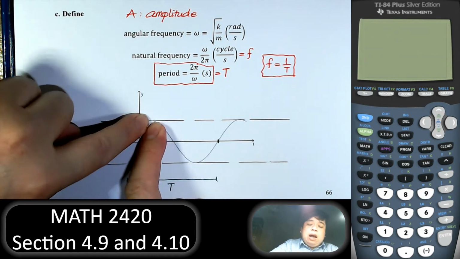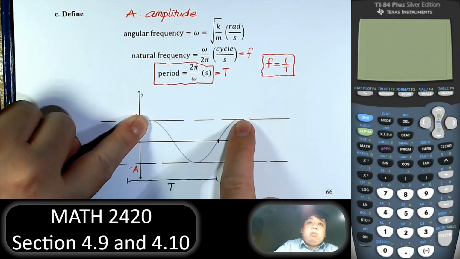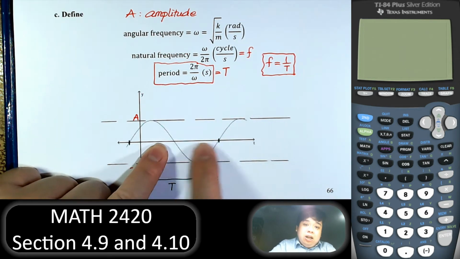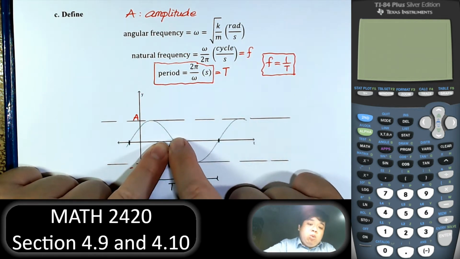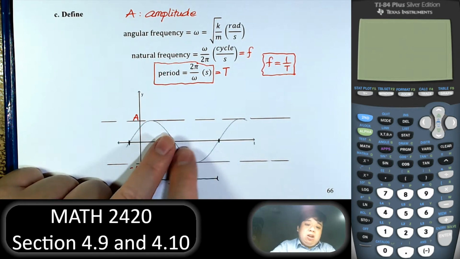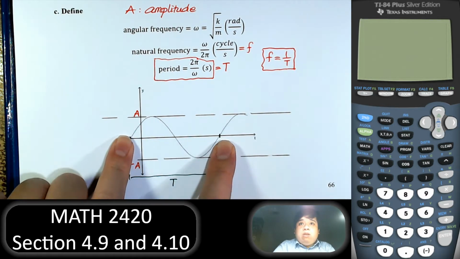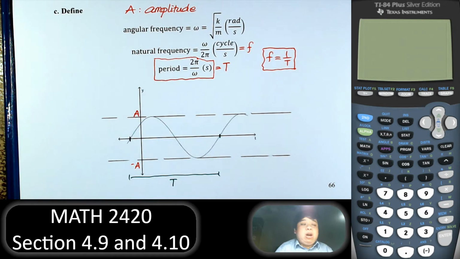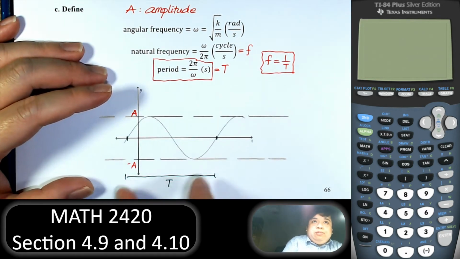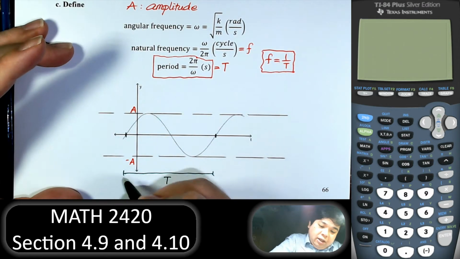At that point, it's on the top and going down. At that point, it's on the top and going down. So we're not talking about these two to be the period, because at this point, even though the y values are the same, the function is about to go down. This point is about to go up. So the period is not counting from there. The period is counting from these two points because they have the same y values and both of them tend to go in the same direction. So the pattern repeats for every length this much. Right, so that gives us a period here.